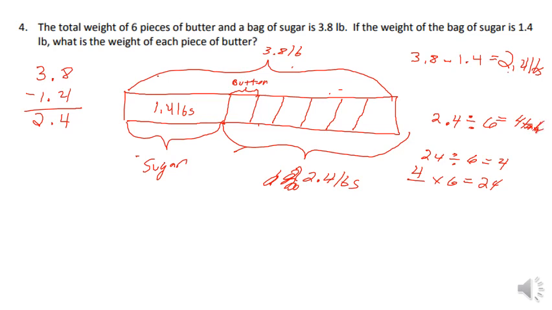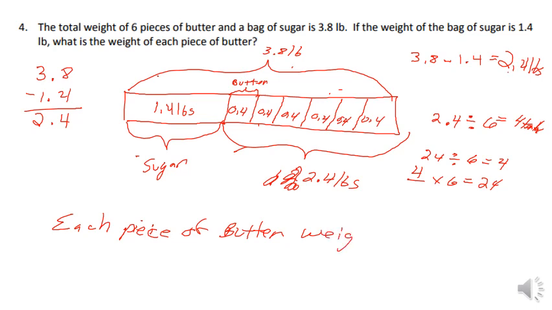So I know that each one of these would have to equal 4 tenths. So each piece of butter weighed 0.4 pounds.